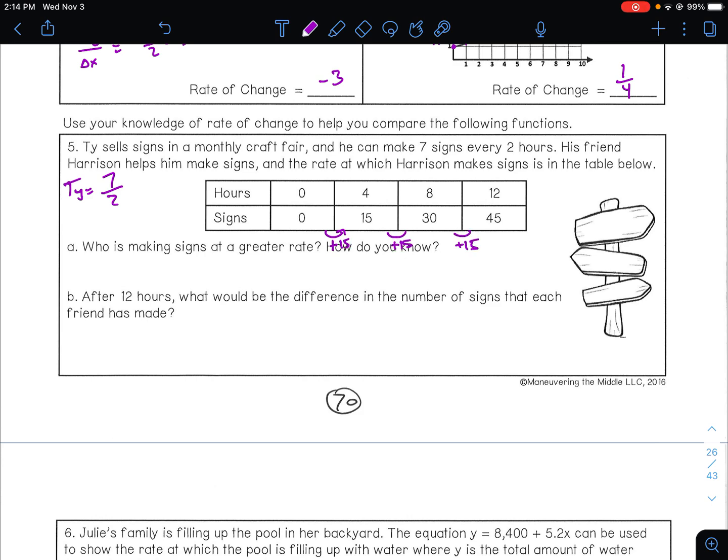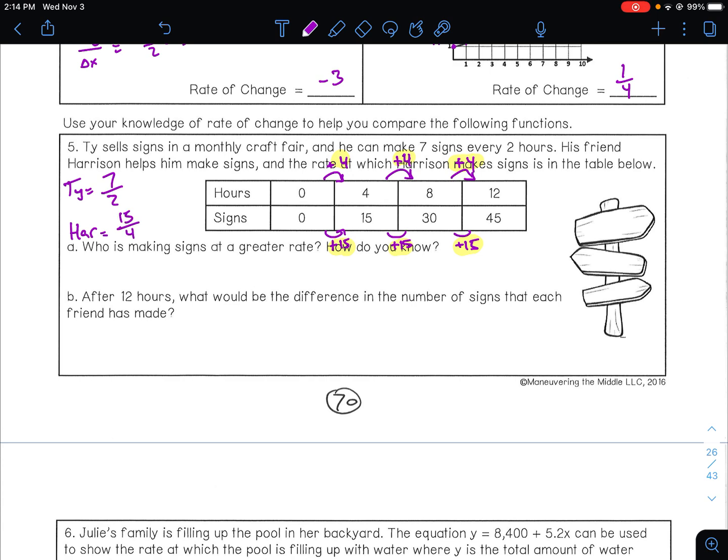This is a constant rate of change. And how many hours does it take him to make 15? Well, 4 hours, he makes 15. 4 more hours, he makes 15. 4 more hours, he makes 15. So the rate of change is just 15 over 4. So Harrison makes them at a rate of 15 over 4.